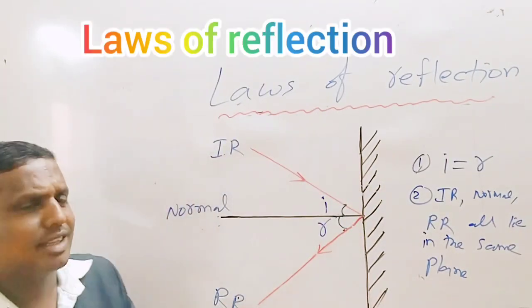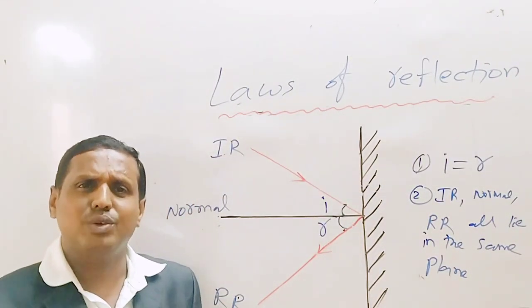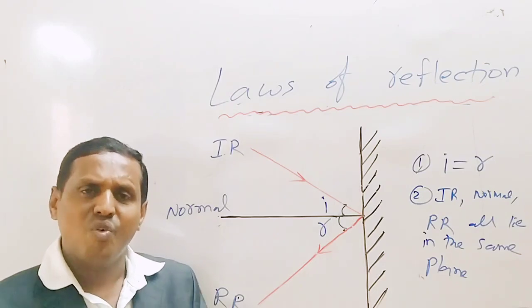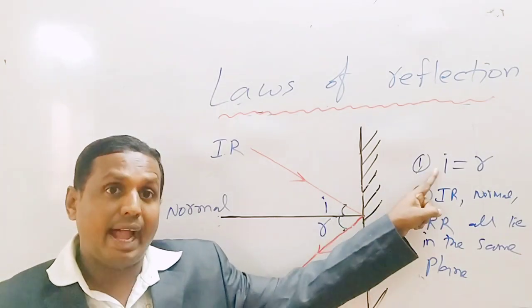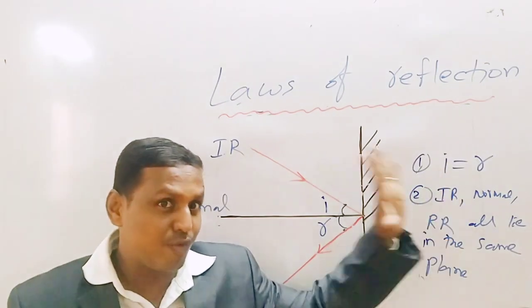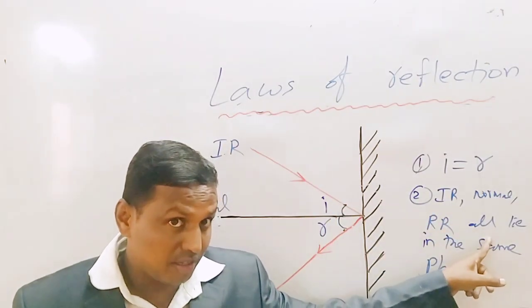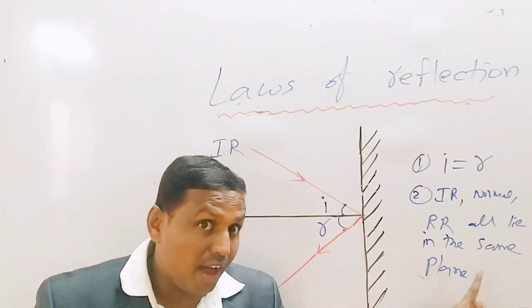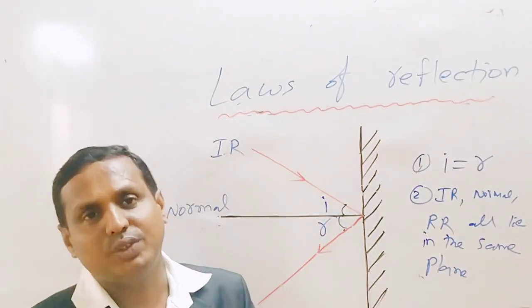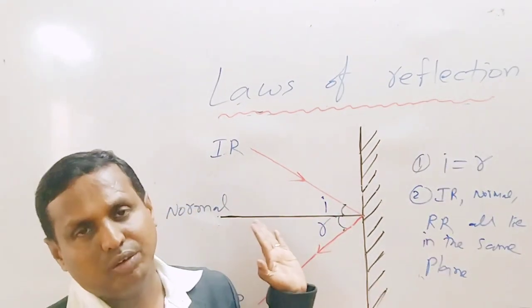So these are the laws of reflection. Very simple. Once again, first law is angle of incidence equals angle of reflection. Second one, incident ray, normal, reflected ray all lie in the same plane. Okay, dear students, these are the laws of reflection.